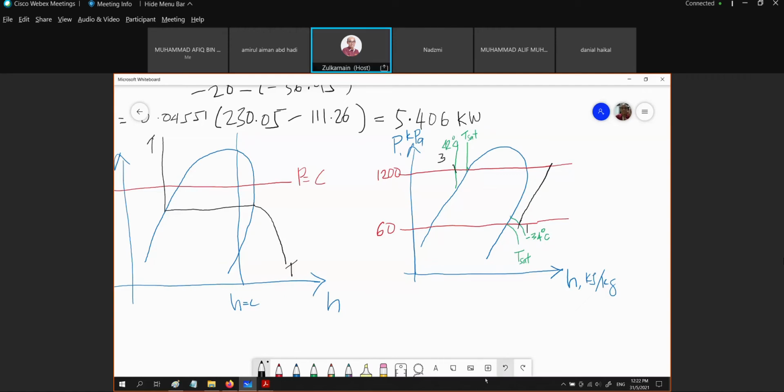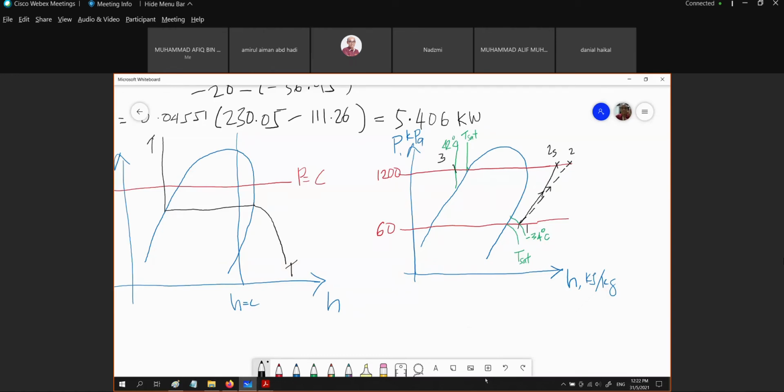Let me put it there. So this is 2S. And this should be our actual. Okay, so this is isentropic compression. This is the actual compression.